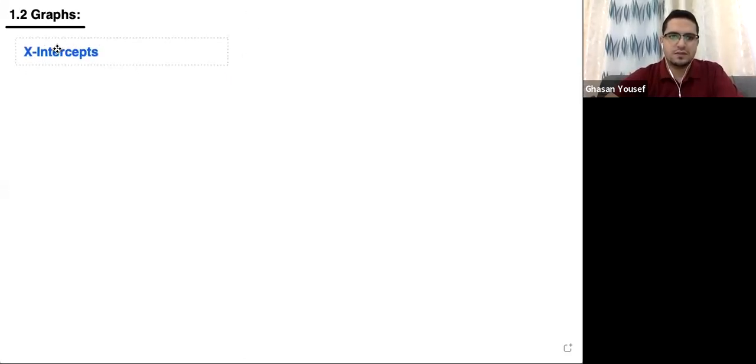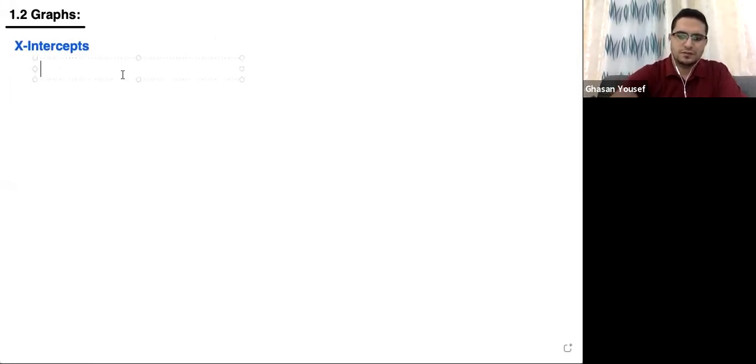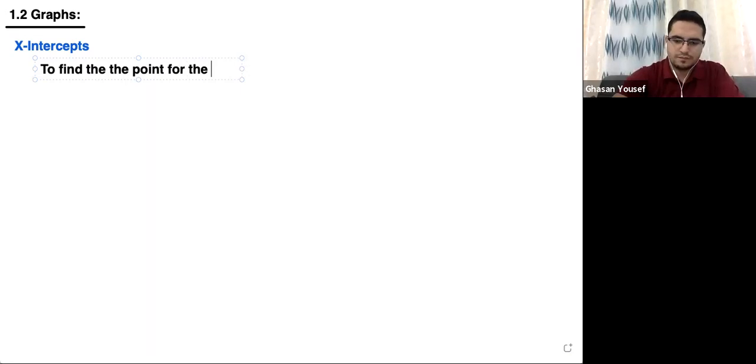To find the point for the x-intercept, we set y equals 0, then we solve for x.